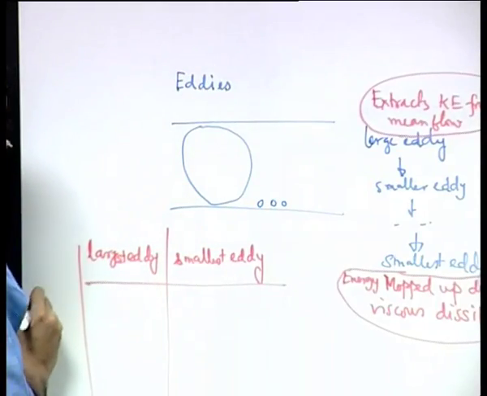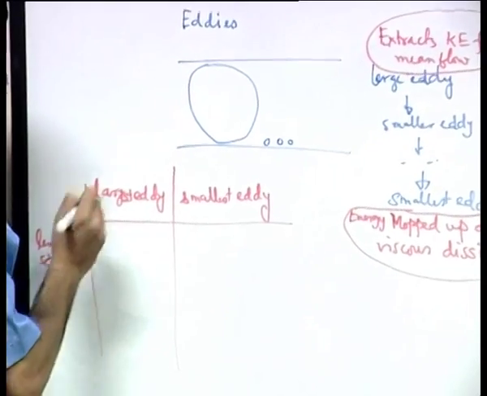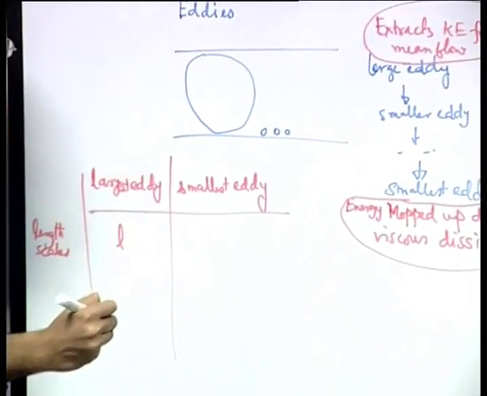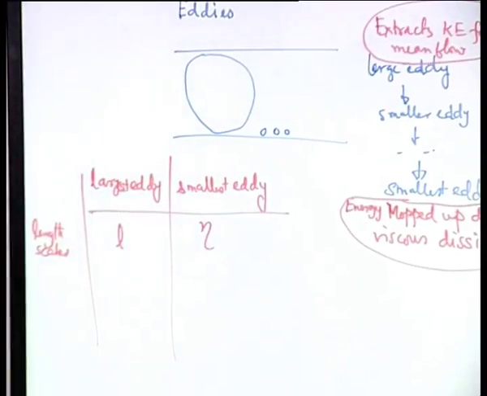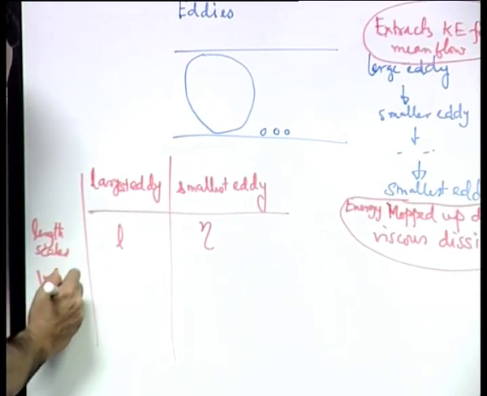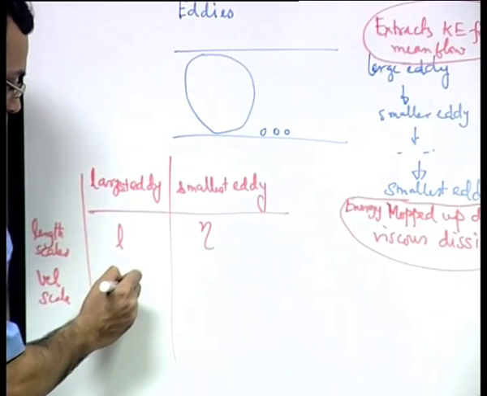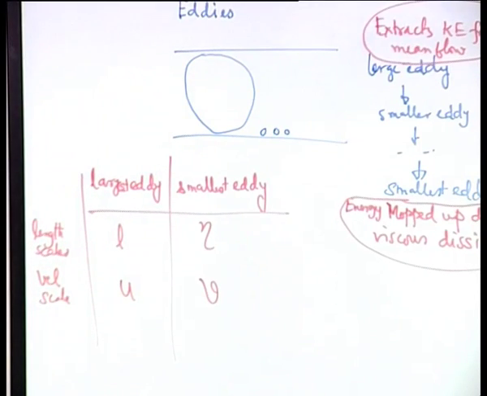We give names to the length scales: the largest eddy length scale as L and the smallest eddy length scale as eta. The large eddy velocity scale is U and the small eddy velocity scale is V. If we know length scale and velocity scale, using these two we can formulate the time scale.